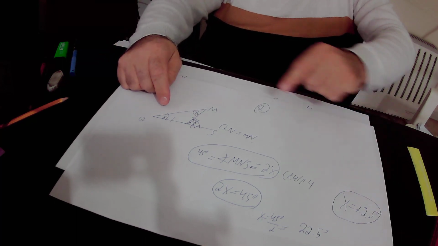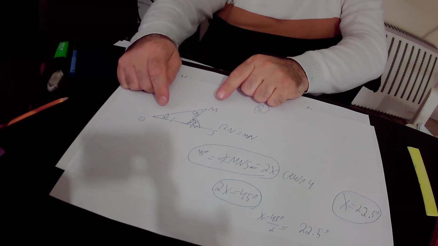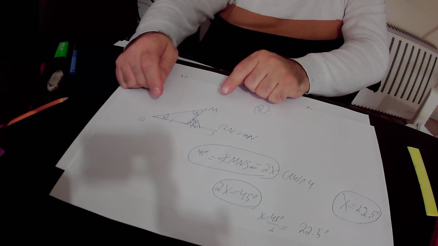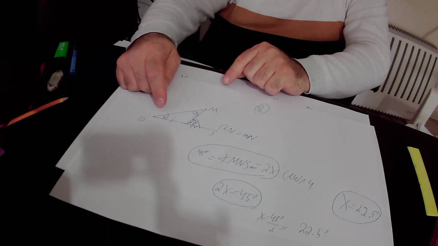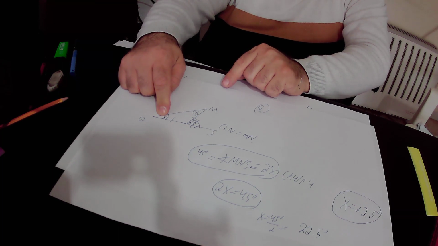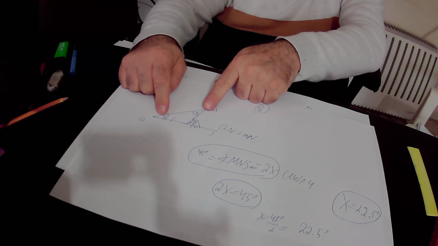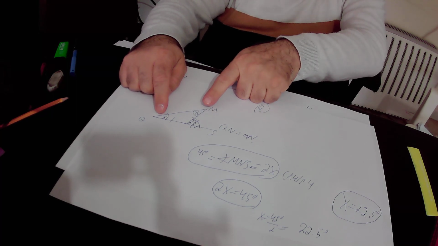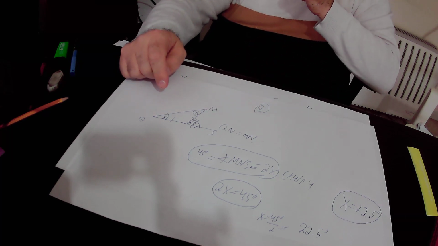And in front of equal sides in the triangle, there are equal angles. We know that this angle equals x. So this angle must also be equal to x because those two angles are equal to each other. So if this angle is x, this angle must also be equal to x.